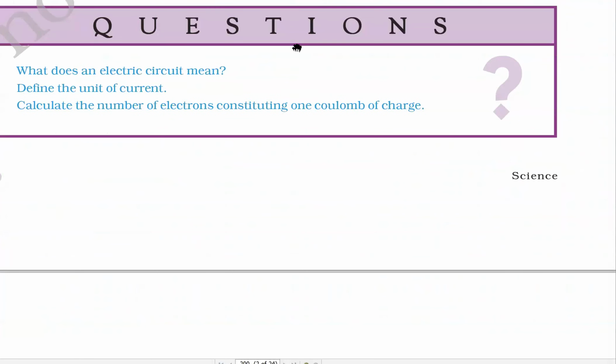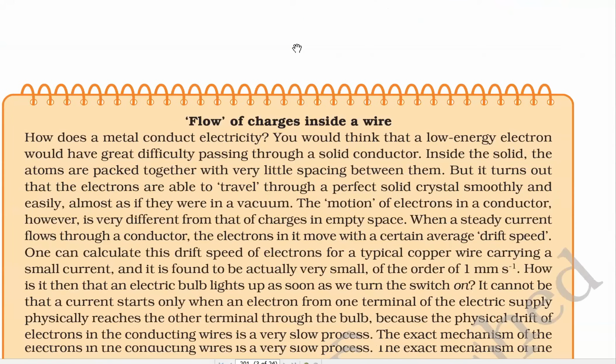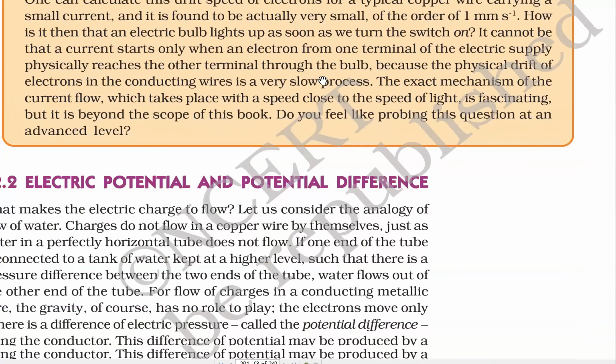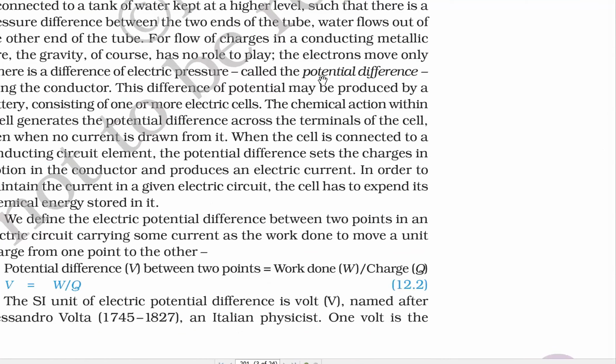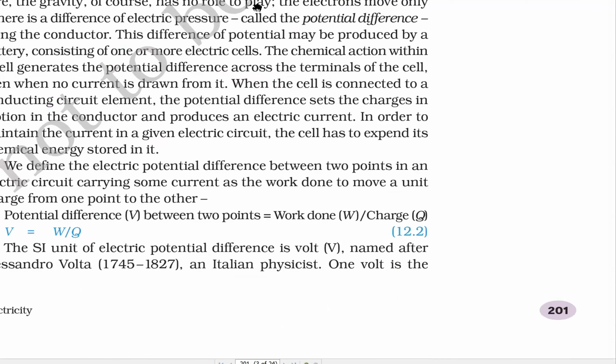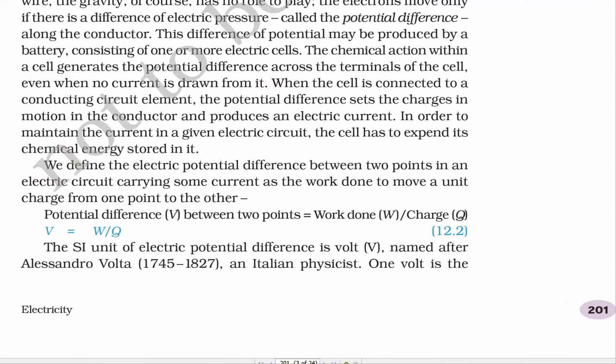So electric potential difference. Now how do we define electric potential difference? Let us see first the definition of our book. We define electric potential difference between two points as work done to move a unit charge from one point to another.